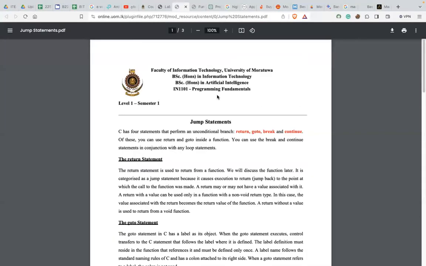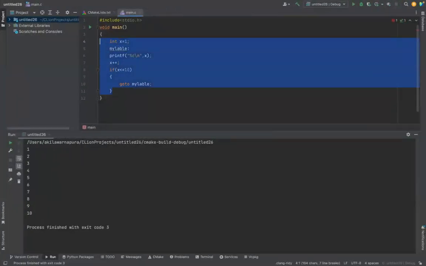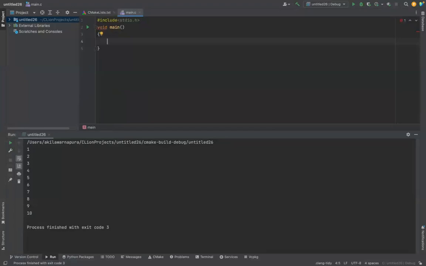Now I think you guys have a proper idea of return, goto, and break. Break I already did. You can terminate a particular loop at any point. For an example, I explained the while loop. Let's say you are writing a for loop: for int i equal 1, i less than 10, i plus plus.